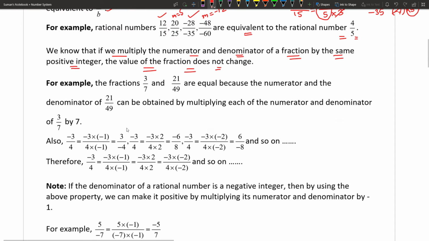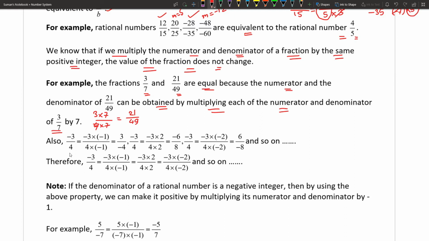For example, the fractions 3 by 7 and 21 by 49 are equal, because the numerator and denominator of 21 by 49 can be obtained by multiplying each of the numerator and denominator of 3 by 7 by 7. That means 3 into 7 upon 7 into 7 gives us 21 upon 49.